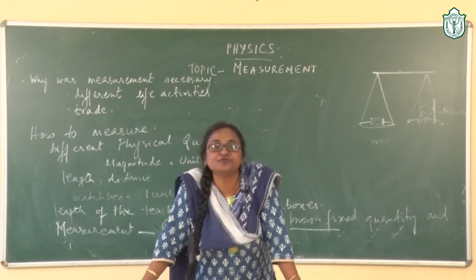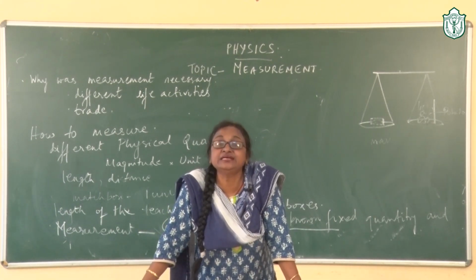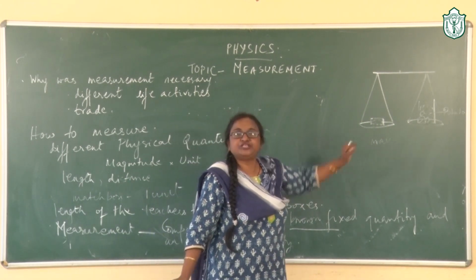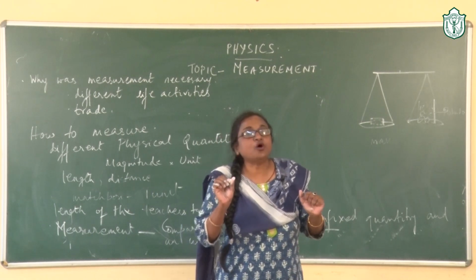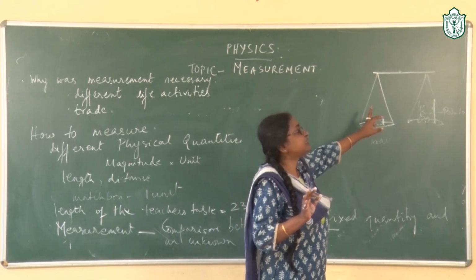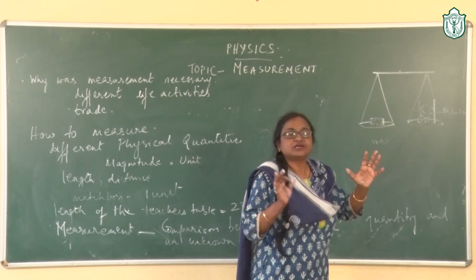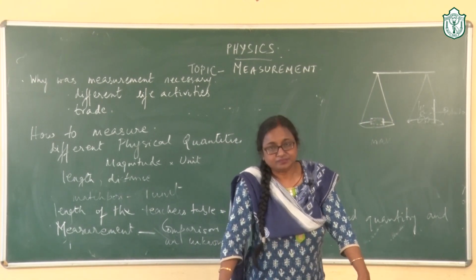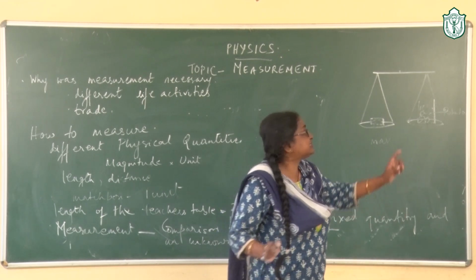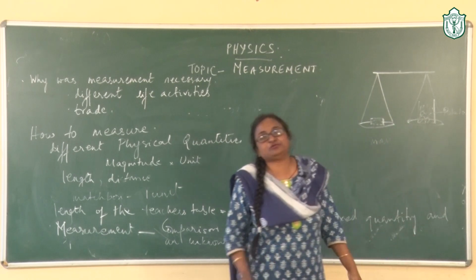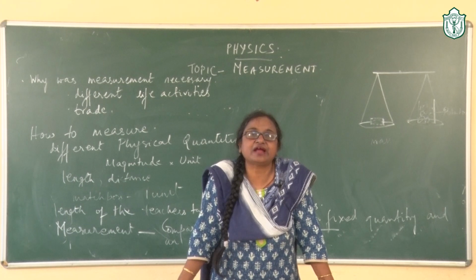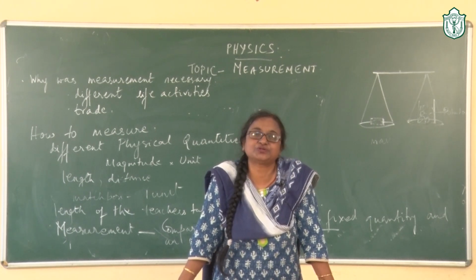So now I think you have understood the need to measure. Because if you go and buy 5 kg of potato, you will not compromise on your money. Neither will the shopkeeper compromise on the amount of potatoes. Exact money for exact mass of potatoes should be given. In this way, transactions are carried out, trade is carried out.